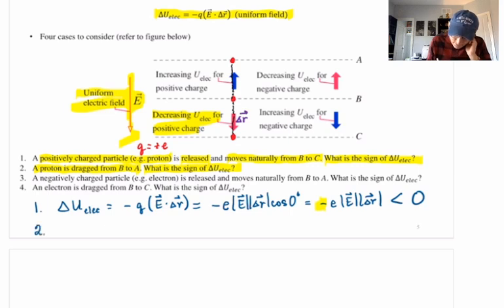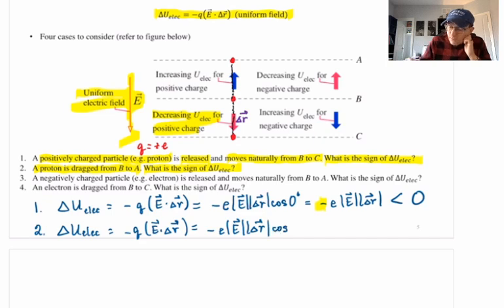For case 2, delta U electric is negative Q times E dot delta R. That's negative little e, magnitude big E, magnitude delta R, cosine of what angle? Well, now the delta R points up, but the E points down. Exactly opposite.